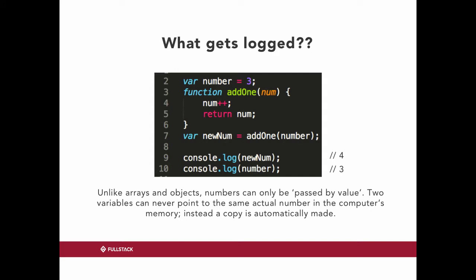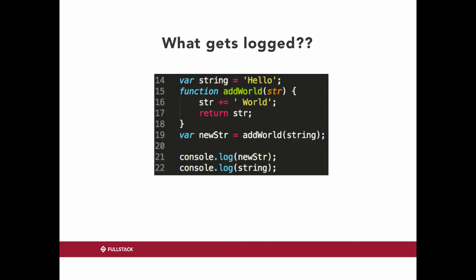So unlike arrays and objects, numbers can only be passed by value. Two variables can never point to the same number in your machine, because that could just be craziness if you had to have variables point to all of the numbers in your machine; instead a copy is automatically made.